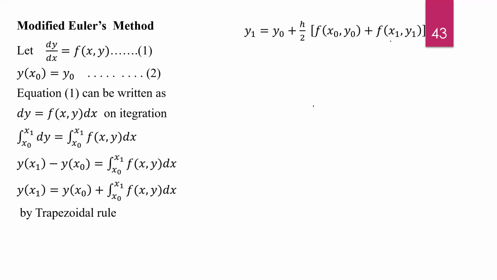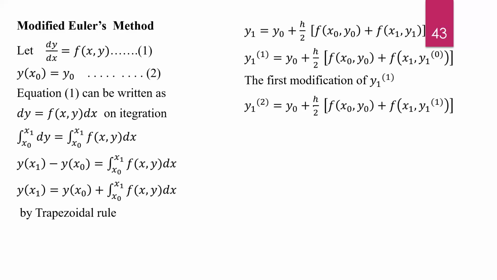The first modification of the y suffix 1 can be written as y1 raised to 1 is equal to y naught plus h by 2 f at x naught y naught plus f at x1 comma y1 raised to 0. This is the first modification of Euler's method.